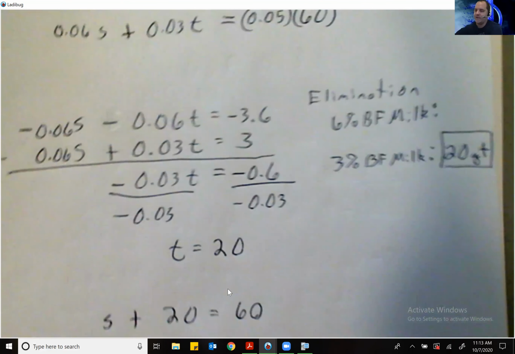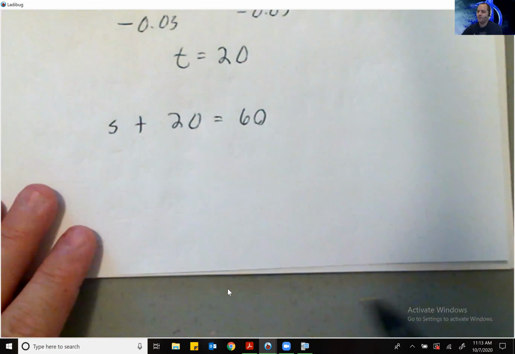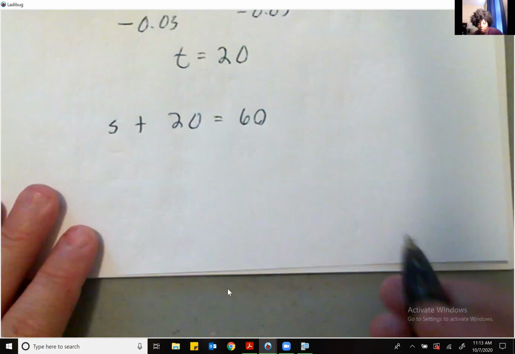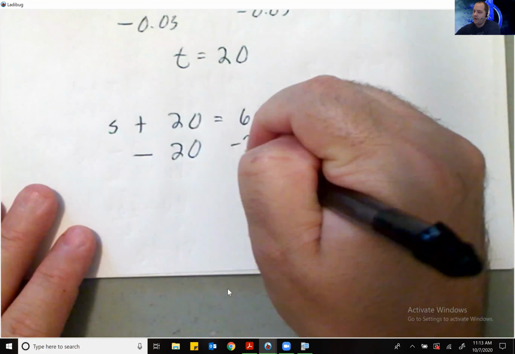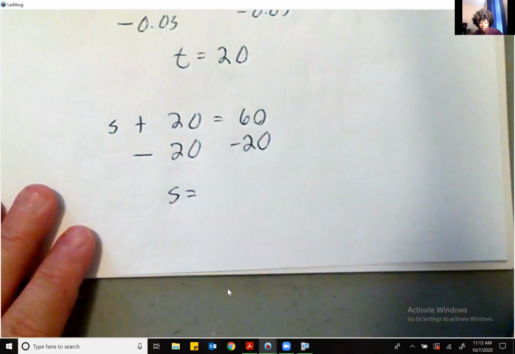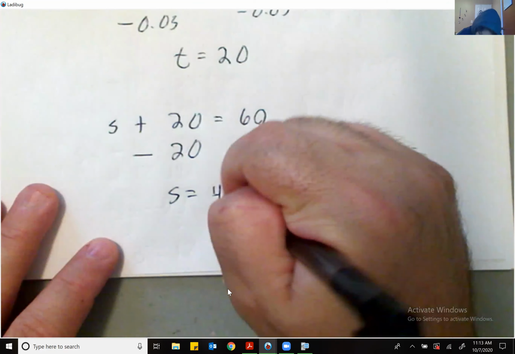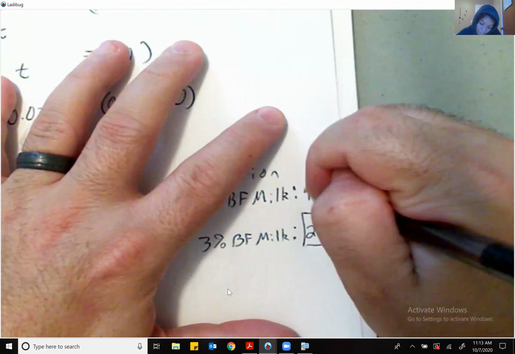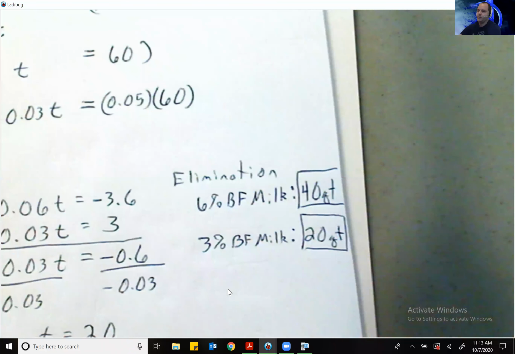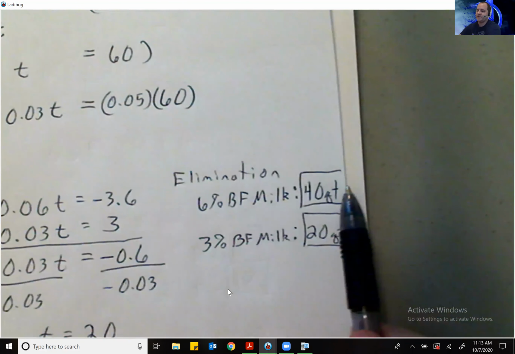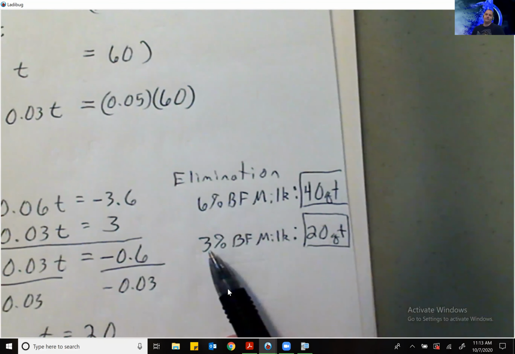How do we solve for S? Subtract 20 from both sides. So how many do we need of S? 40. So we've got 40 quarts. And there you go. We need 40 quarts of 6%, and we need 20 quarts of 3%.